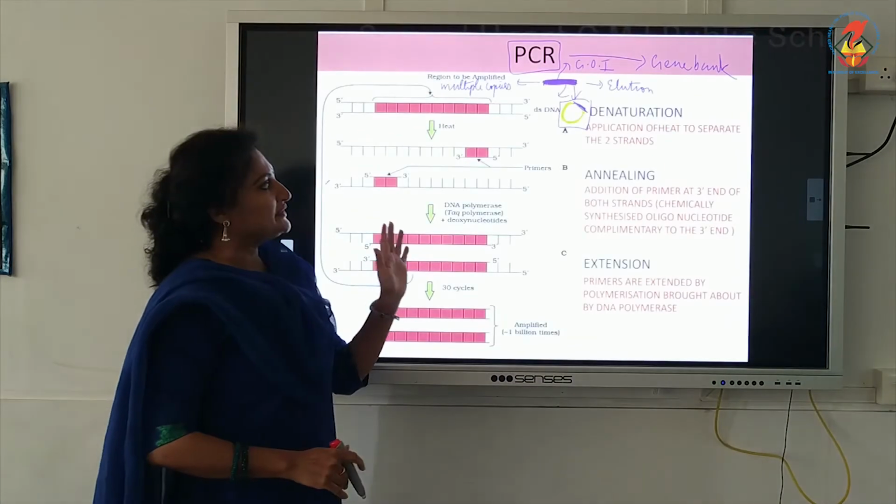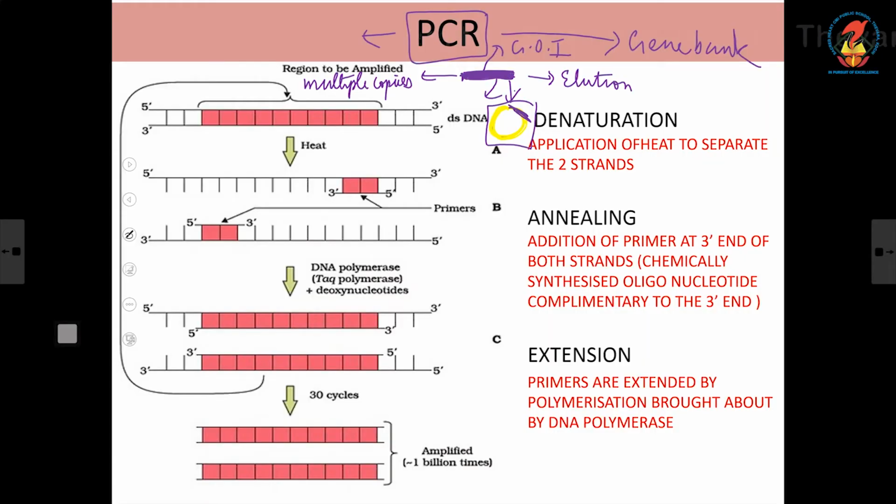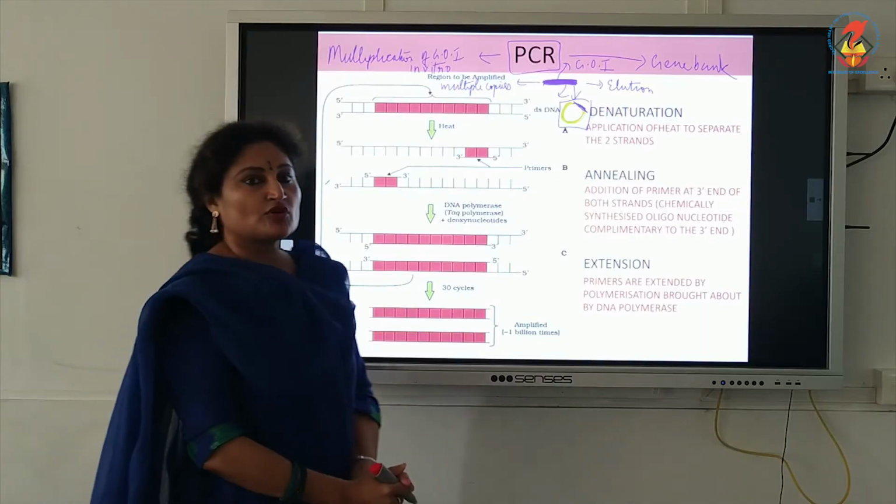So, the purpose of PCR is multiplication of gene of interest or alien DNA or foreign DNA in vitro. Very important. Where is it multiplied? Outside the body. So, once again, what is PCR?